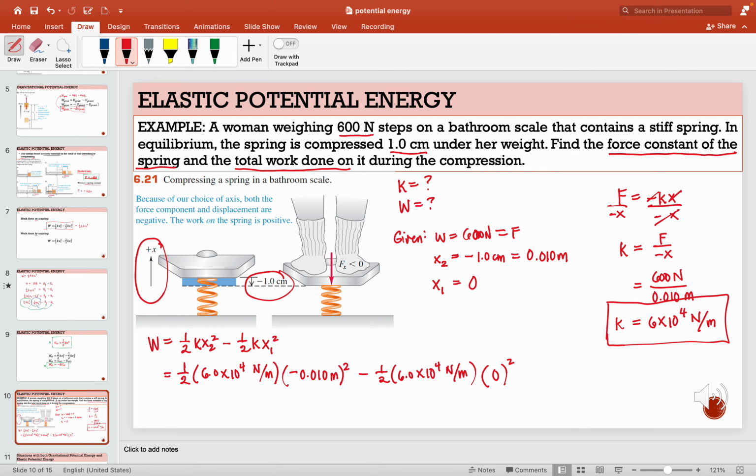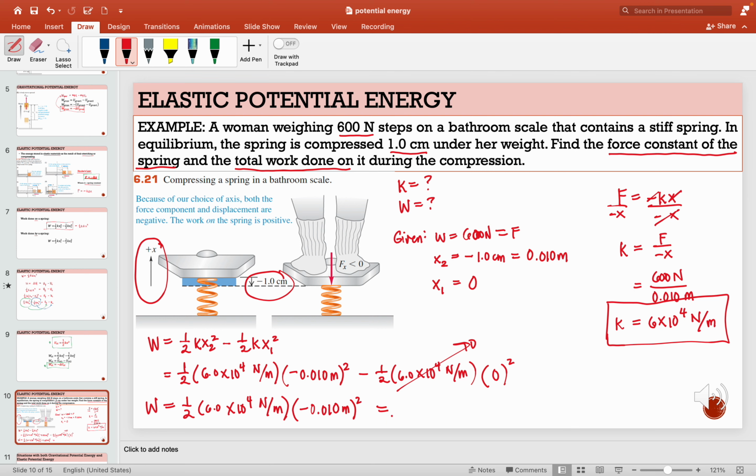Obviously, this one right here, since 0 times 6 times 1/2 is equal to 0, will become 0. So what remains is work equal to 1/2 times 6 times 10 to the power of positive 4 newtons per meter times negative 0.010 meters quantity squared.